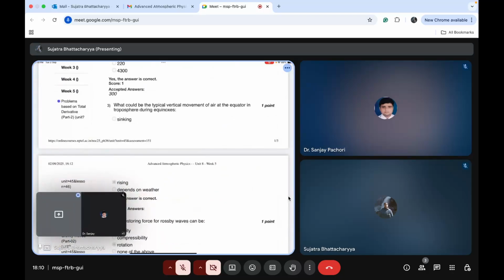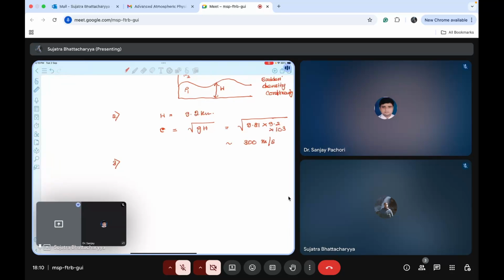What could be the typical vertical movement of air at the equator in the troposphere during equinoxes? Okay. So what is the meaning of equinox? What is the meaning of equinox?